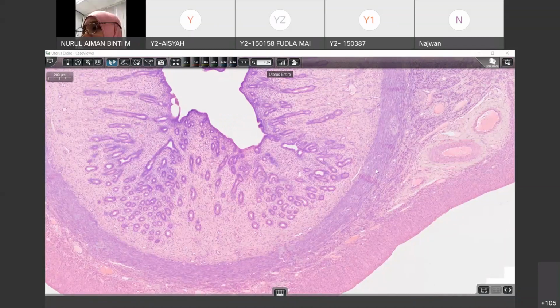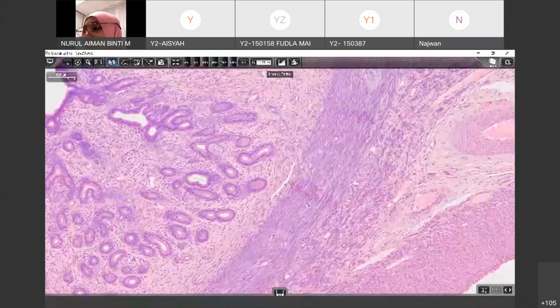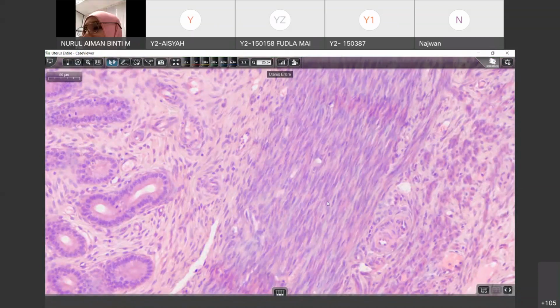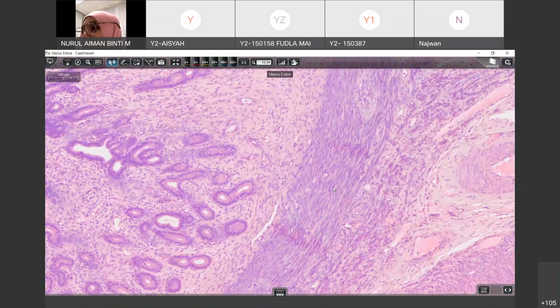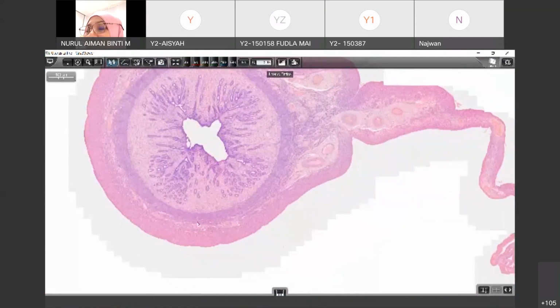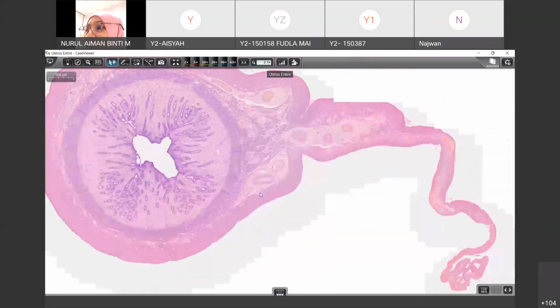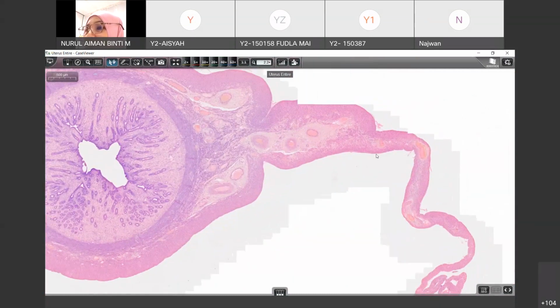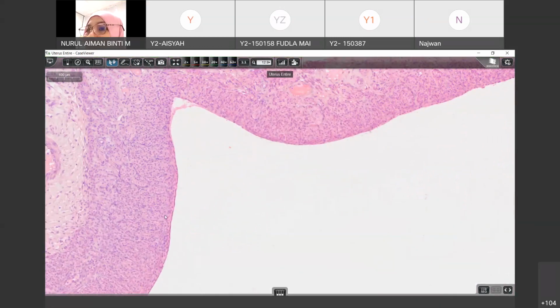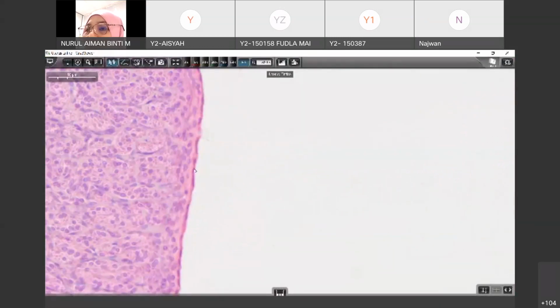At the outer part of the endocervix, you can see part of the myometrium encircling the rounded area of the cervix. It is round, so this is most likely the cervical region, and you can see part of the ligaments. The outer part of the perimetrium is here, and this part of the perimetrium is lined by simple squamous epithelium.